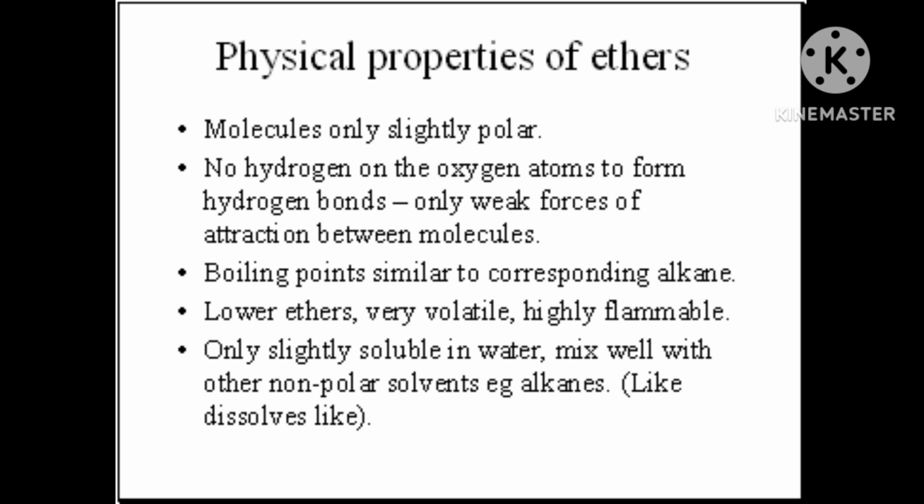Then, in a very simple way, the ions will go to the oppositely charged ones, meaning H plus will go to the O minus, and it will form ROH, meaning alcohol.